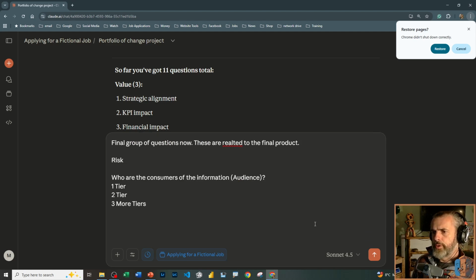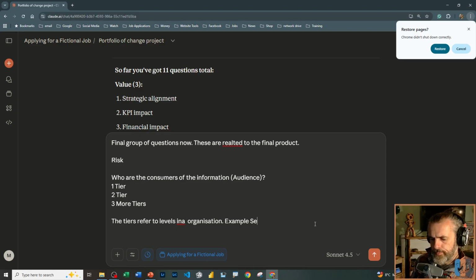Who are the consumers of the information in the audience? The tiers refer to levels in an organization.